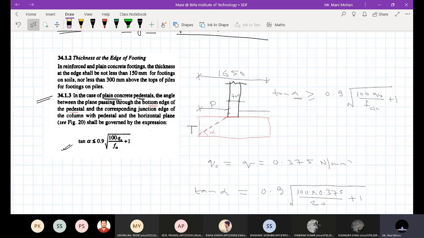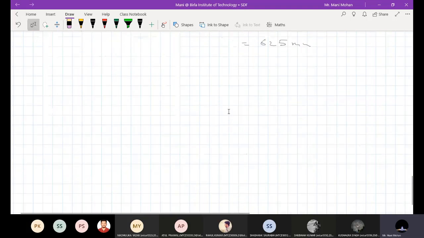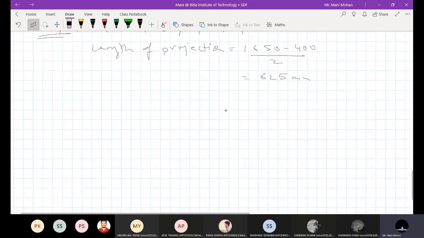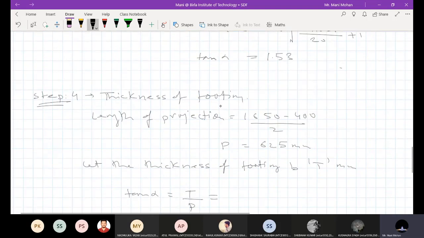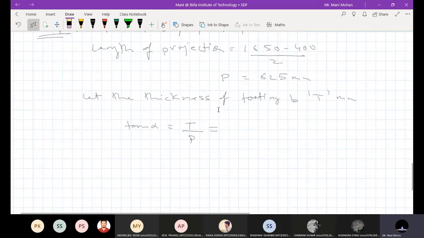So let the thickness of footing be T millimeter. So what will be tan alpha? You just see now from the sketch, it is T by P. And just now we have seen tan alpha is 1.53.